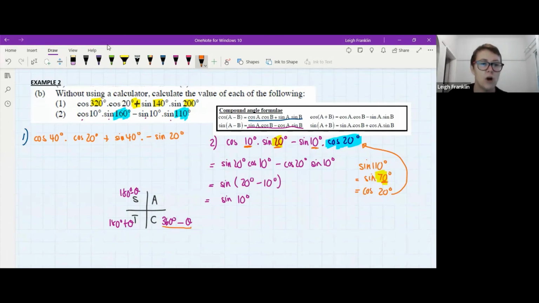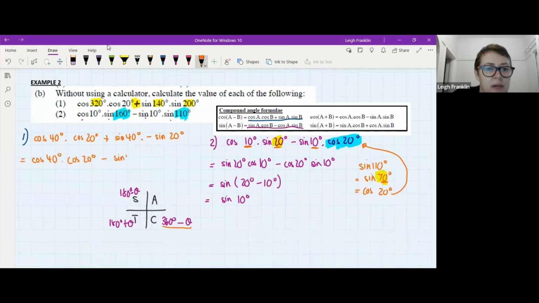So what I've got is cos 40 times cos 20 plus sine 40 times negative sine 20. Now I need to take care of my signs, in other words, my plus and minus signs. Cos 40 and cos 20 are both positive. Now I'm multiplying a positive term with a negative one, and a positive times a negative is a negative.